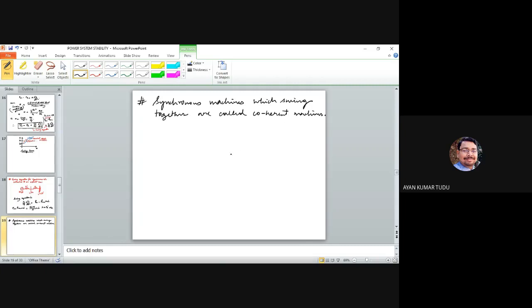What do you mean by coherent machines? Two synchronous generators are swinging together.